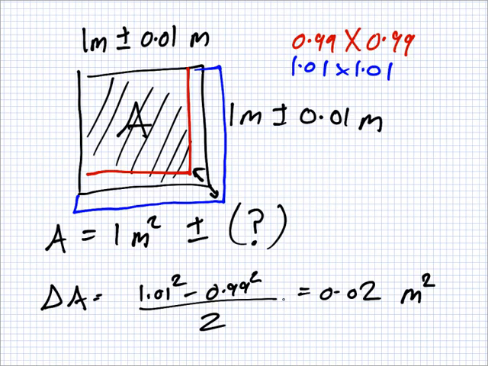Yeah? Now, there is actually a special way to calculate uncertainty for any formula, which I'll show you now. So the answer here is 0.02 meters squared.